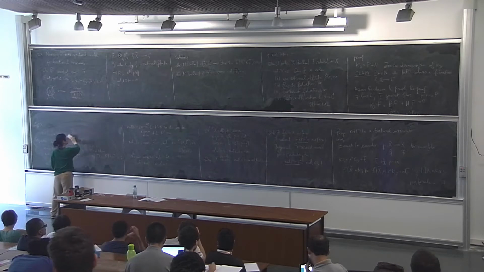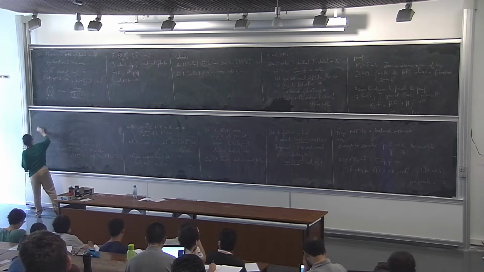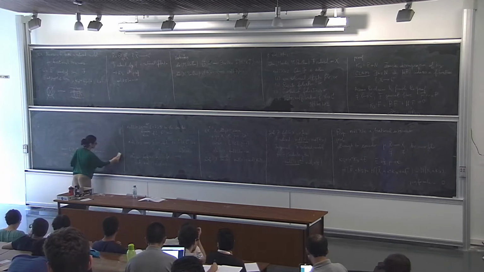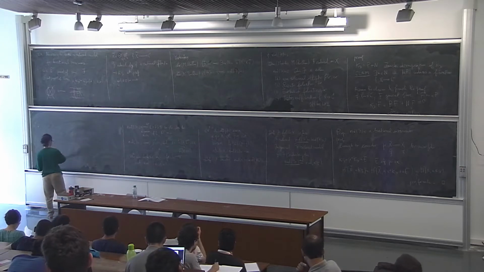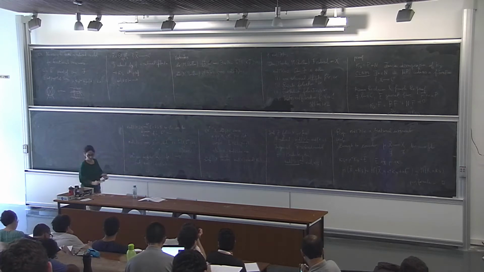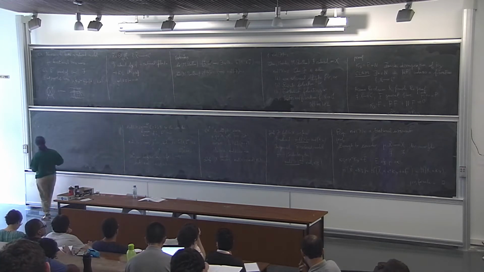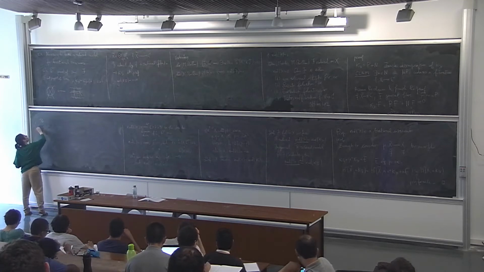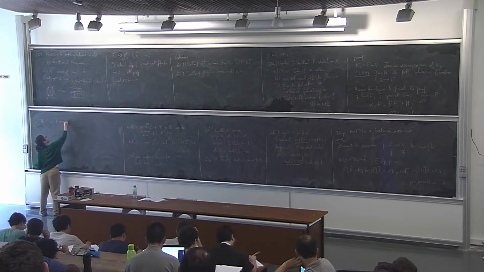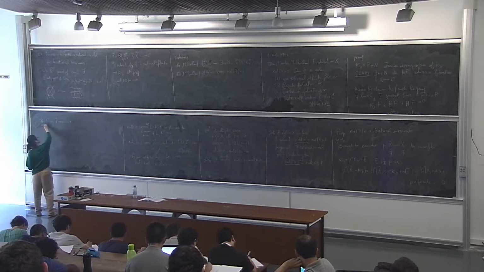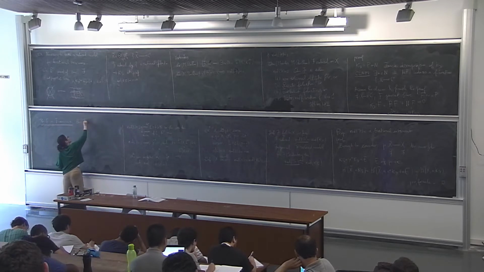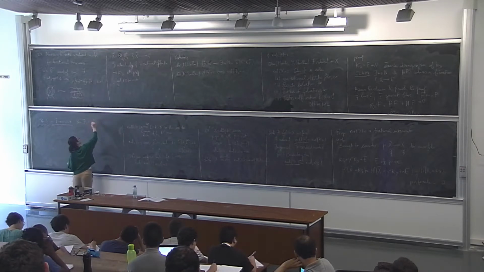Okay, now there are two possibilities. Again, either the fiber is F invariant or it's not. If the fiber is F invariant, then the foliation is the fibration f.